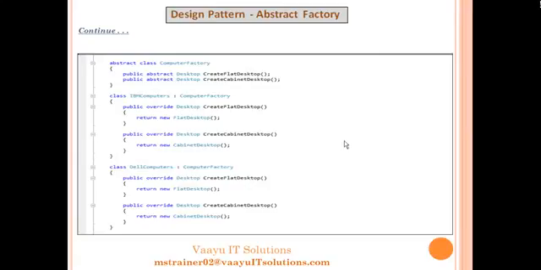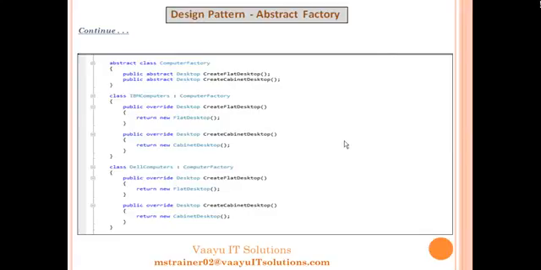If we have a requirement to create one factory that will create the objects of IBM or Dell computers, IBM can make the flat desktop or cabinet desktop, and Dell computers can make the flat desktop and cabinet desktop. So this abstract factory, the computer factory, has two abstract methods: create flat desktop and create cabinet desktop, and the returned object type is the abstract class.